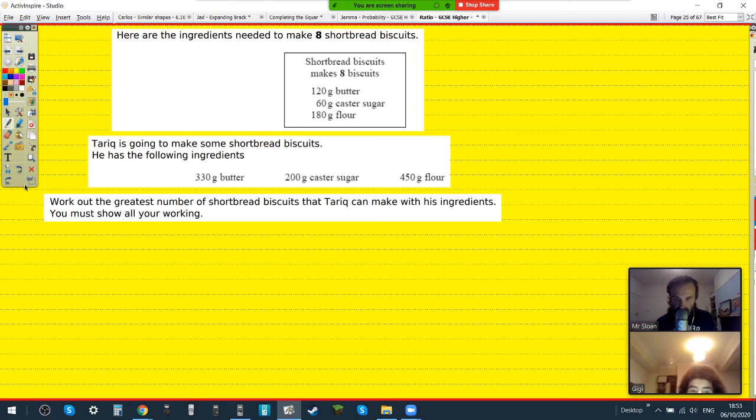So, write down 2.75 because that's how many you can make with this butter. Or 2.75 times 8. Make 22 with his butter.